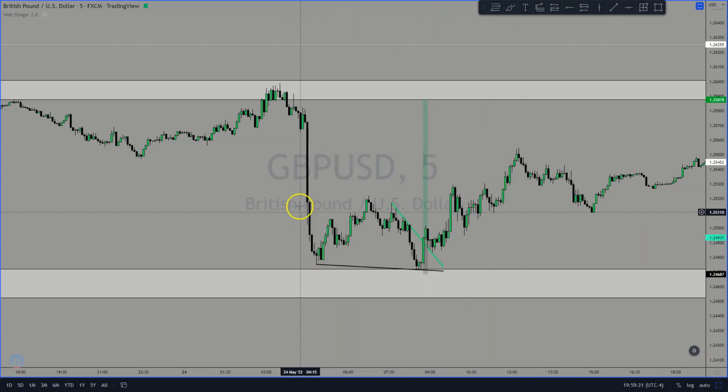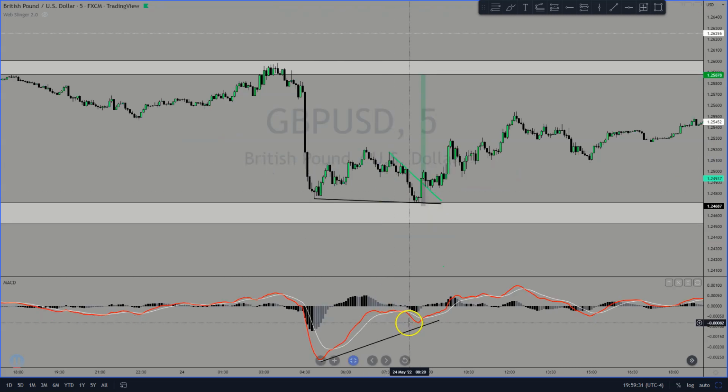When price comes back, we see this large push to the downside, creating a low, and then a subsequent lower low, where MACD was telling us that the momentum of these two consecutive lower lows in price was actually divergent to the downside, where we observed this higher low in the MACD.